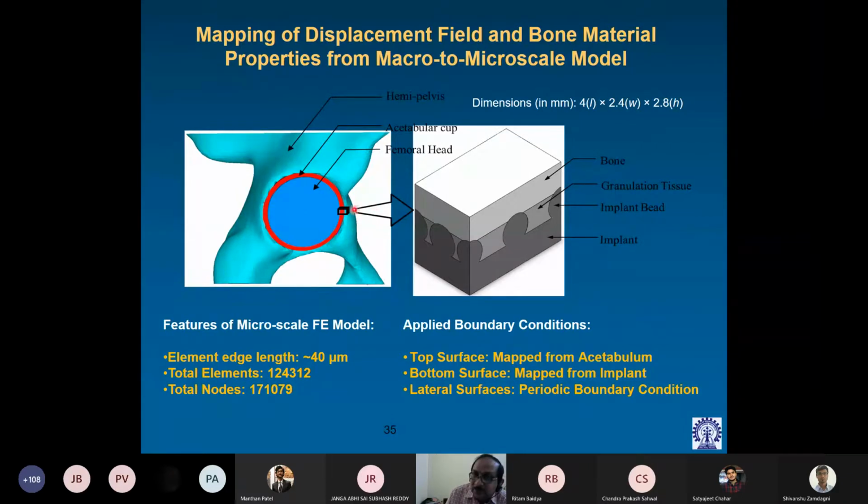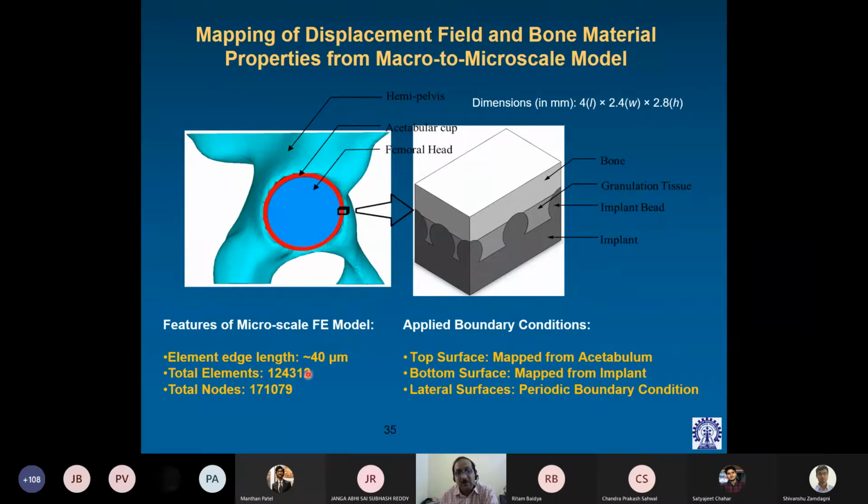So in order to take both variations into account, first the implant-bone displacement field and second the bone material properties, we took into consideration about 13 models. We'll go into that a little later.